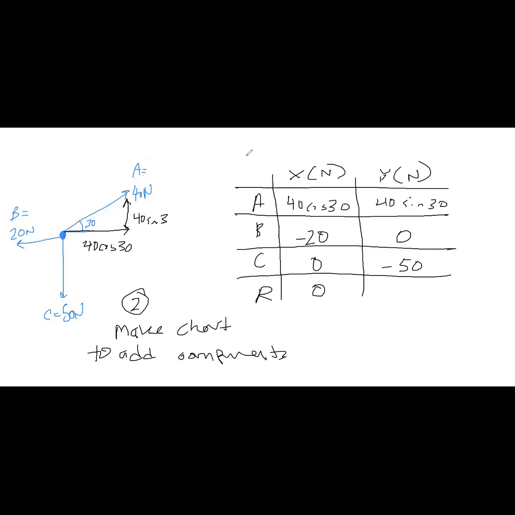No, cosine 30 is not 20. Pretty excited that didn't turn out to be 0. RX is 14.64, and RY is negative 30, right? 40 sine 30 is 20, minus 50 is negative 30.